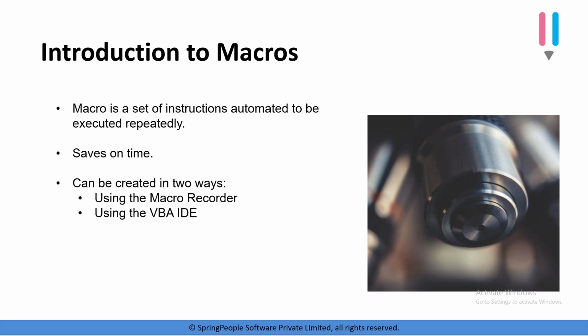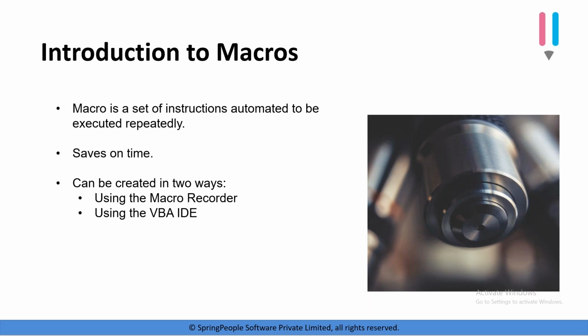Now, when you're going to plan on creating a macro, there are two ways to create a macro. So as I said, macros are basically a set of instructions. So either you record the instructions or write the instructions. So if you plan on recording the instructions, we need to make use of what is known as a macro recorder that is available to us in our Excel forms.